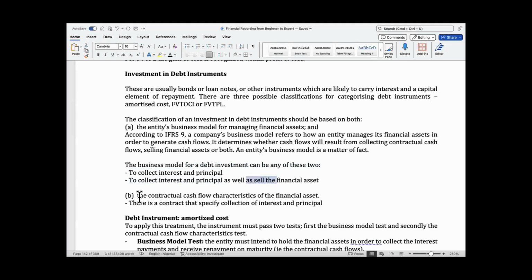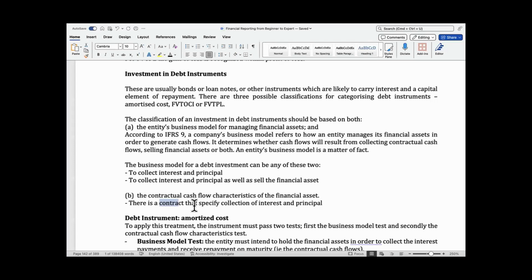The second basis is contractual cash flow characteristics, which is saying that there has to be a contract that would specify or that will show that you will actually collect interest and principal. You see, this is necessary just so that we can confirm and verify the interest you claim to be collecting and your principal you say you're going to collect back as at a specific future date.